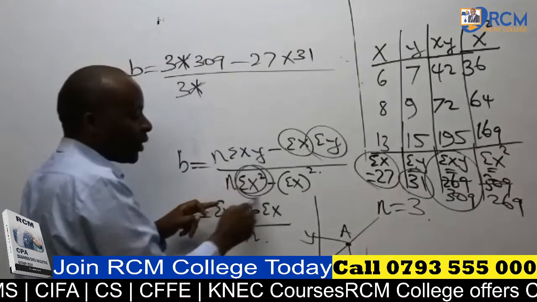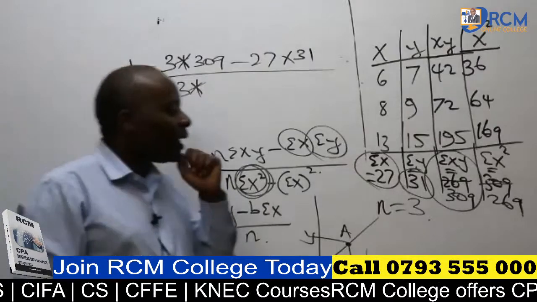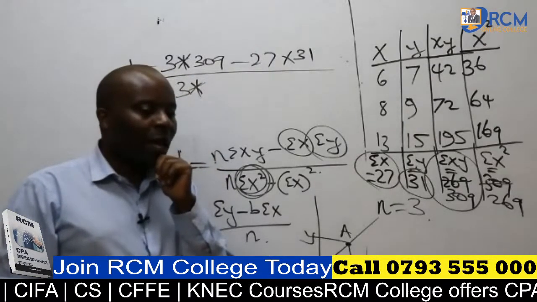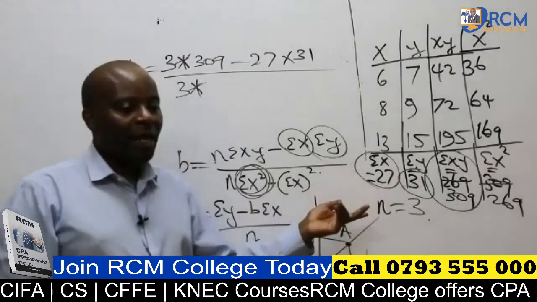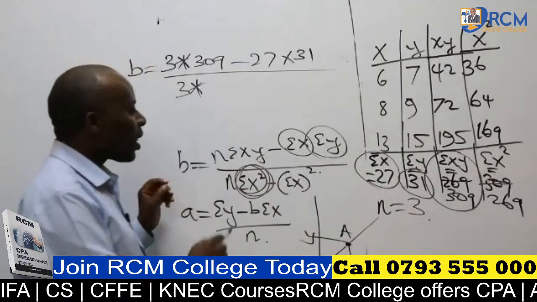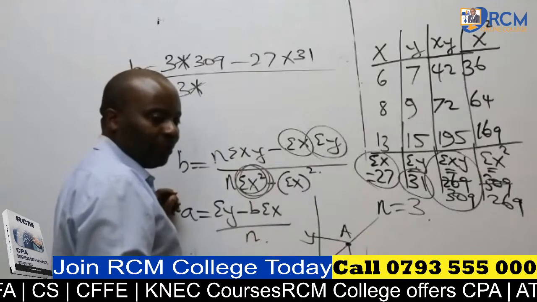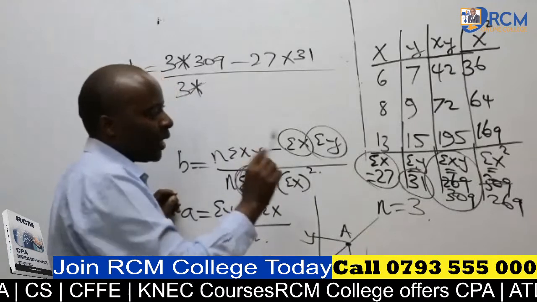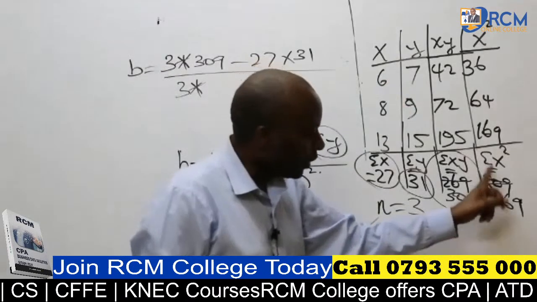So this is quite confusing. This confuses so many students. Another one told me, teacher, summation x squared is equal to 27 squared. That is wrong. For summation x squared, if you look at it very well, they want you to square x alone. Summation of x squared is here.